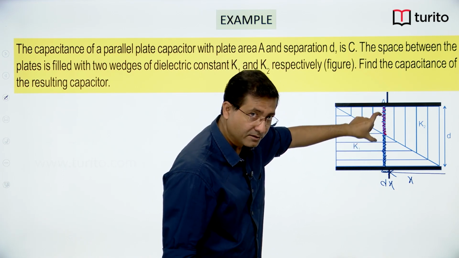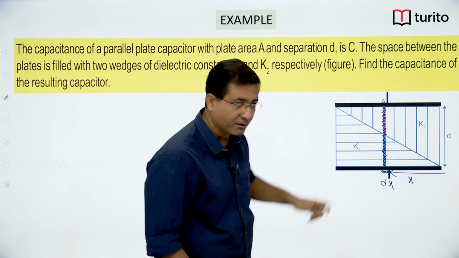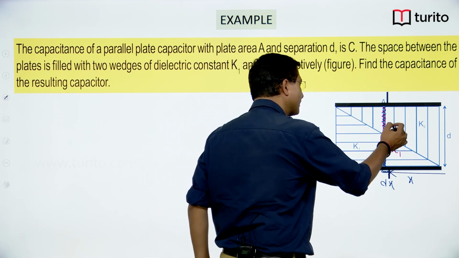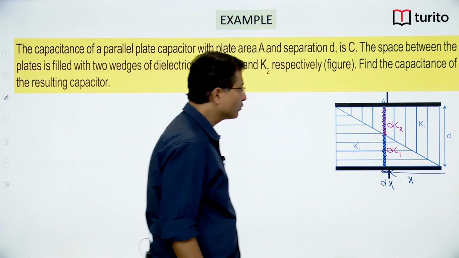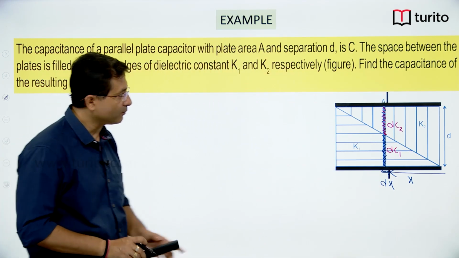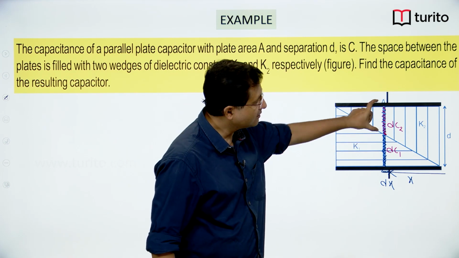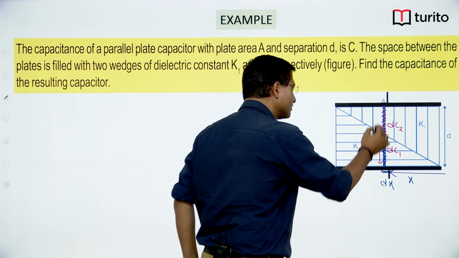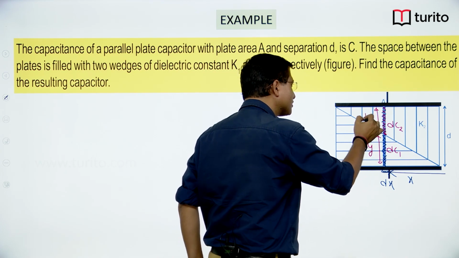In dC itself there are two capacitors, the lower one and the upper one. If I call the lower one dC1 and the upper one dC2, the lower one up to here is dC1 and this is dC2.